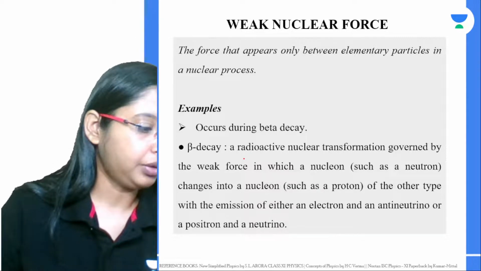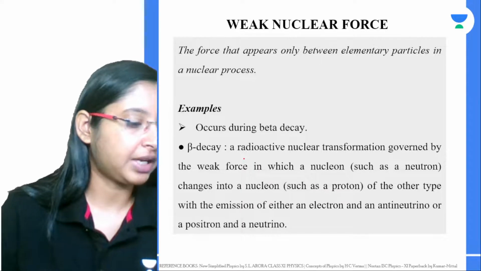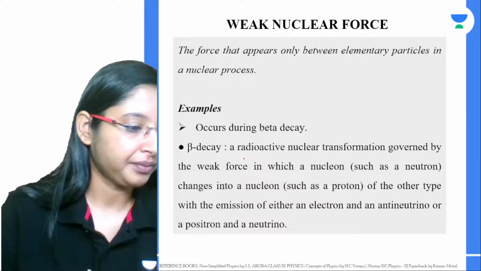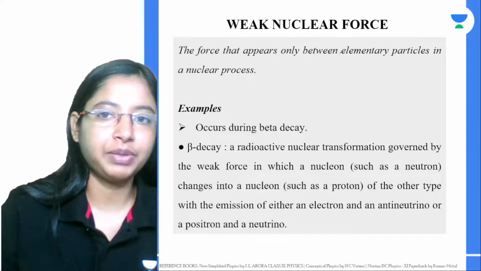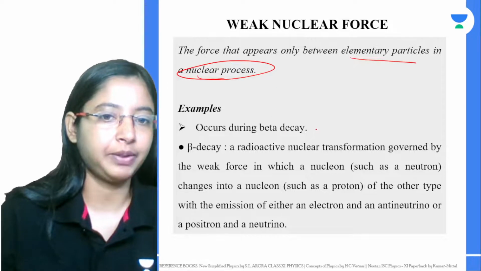These particles have no charge and zero rest mass. So the force that appears between elementary particles in a nuclear process, especially when a beta decay happens, what happened, right?